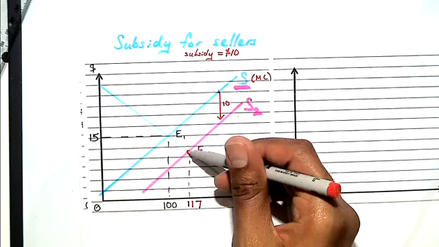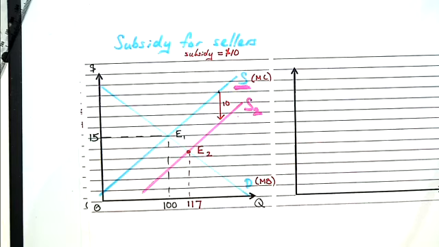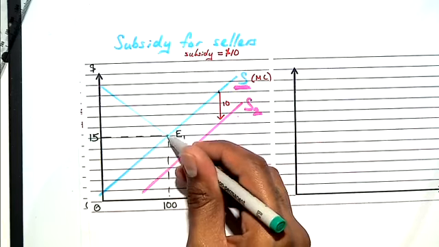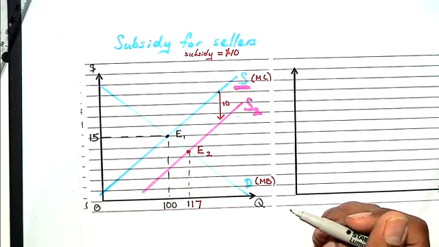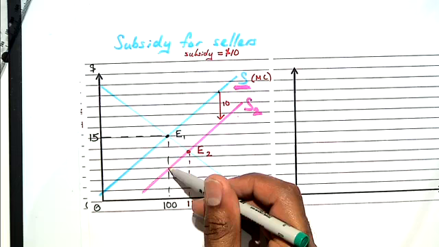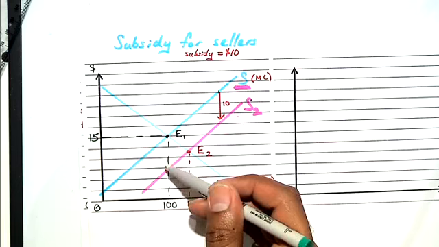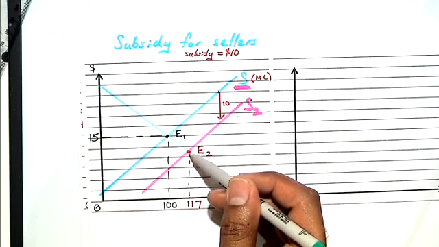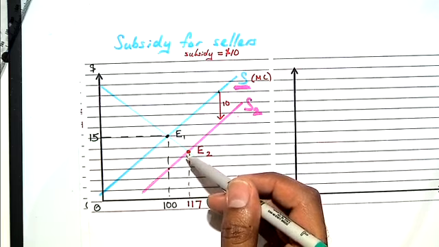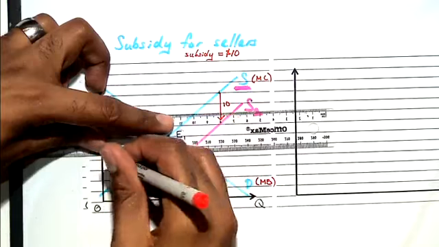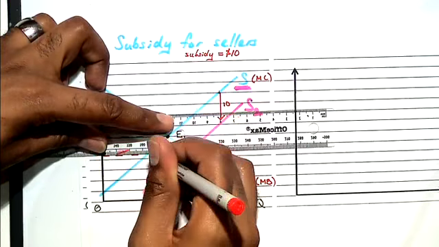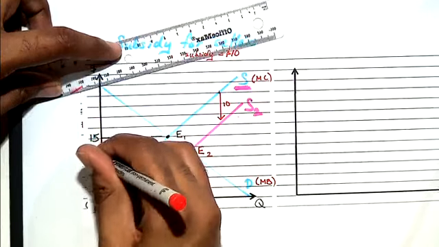The new price is less than 15, but more than 5. That's 15 minus 10 is 5. So the new price is somewhere between 15 and 5. Let's say 12.